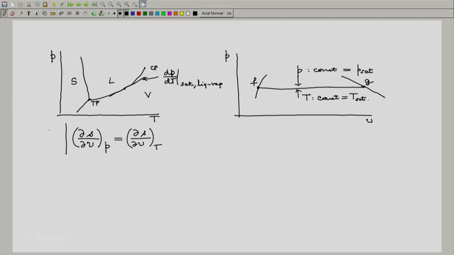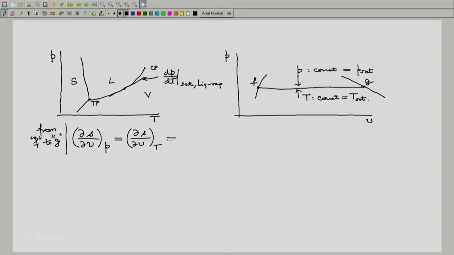So this is from state F to state G. And then we notice that both S and V between F and G are linear functions of the dryness fraction, and hence this can be written down as simply Sg minus Sf divided by Vg minus Vf, which in short is Sfg divided by Vfg.